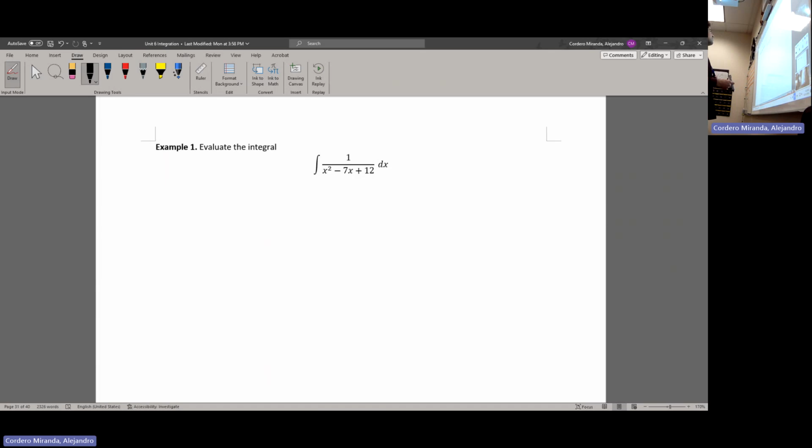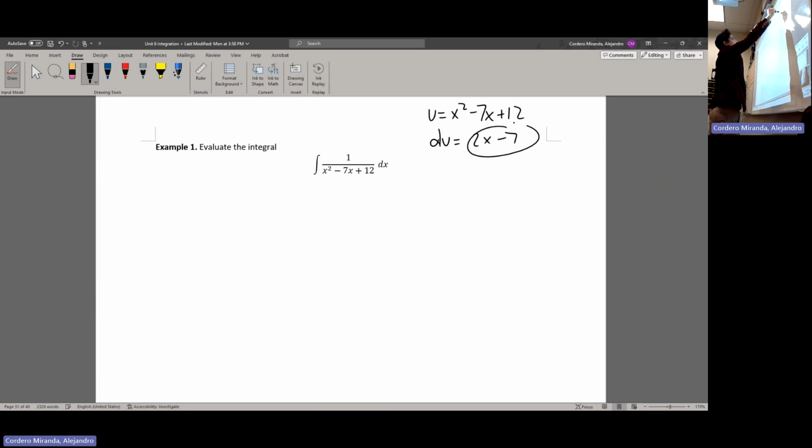The answer is no, because if I make u be x squared minus 7x plus 12, and I take du, I get this extra 2x minus 7 that is nowhere to be found in the integral. The derivative of u isn't in the integral, so u substitution doesn't work.